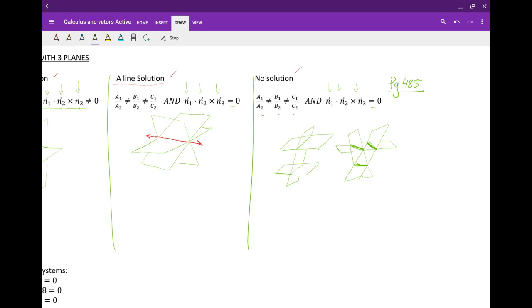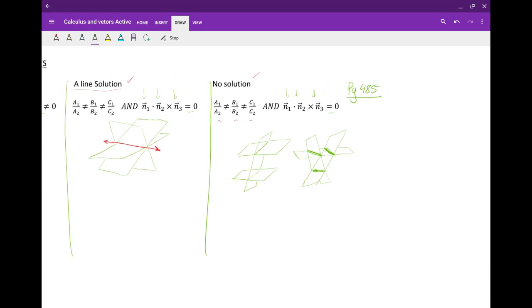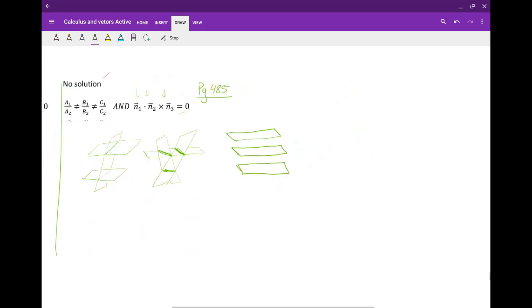Other possible no solutions would be things like maybe just a plane, and a plane like that.